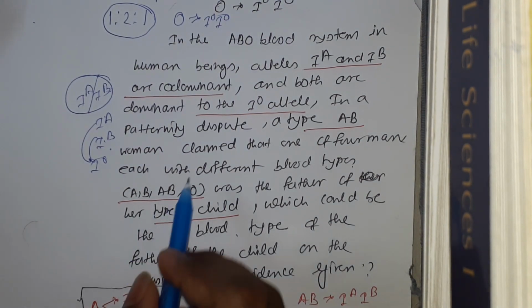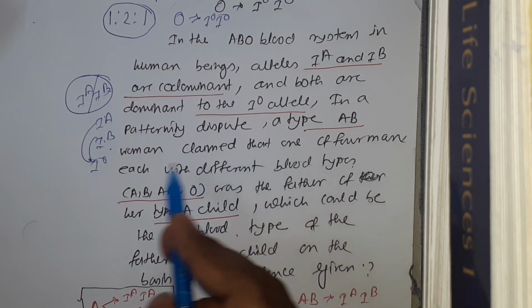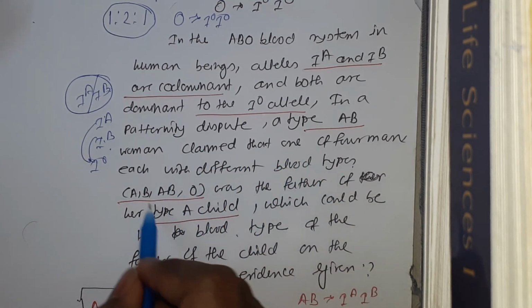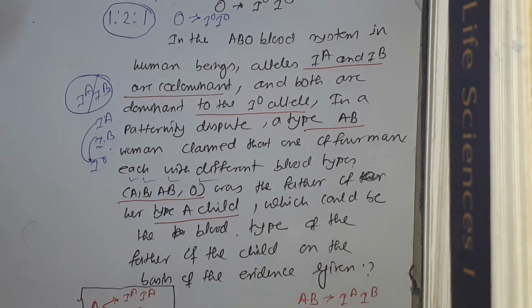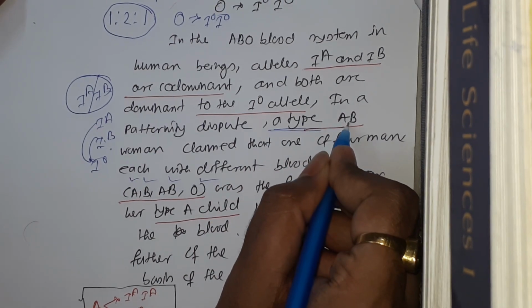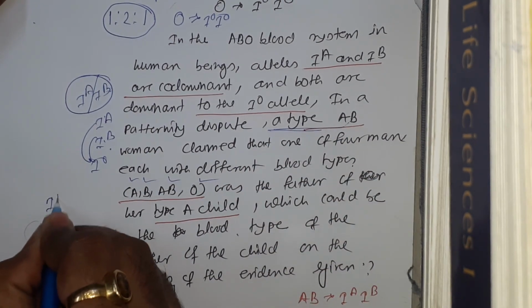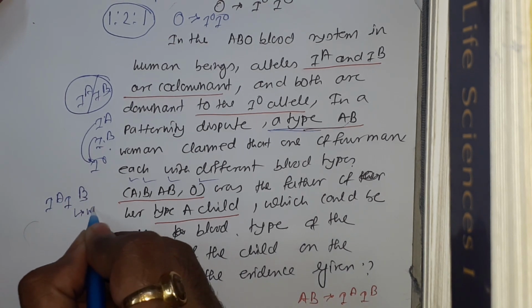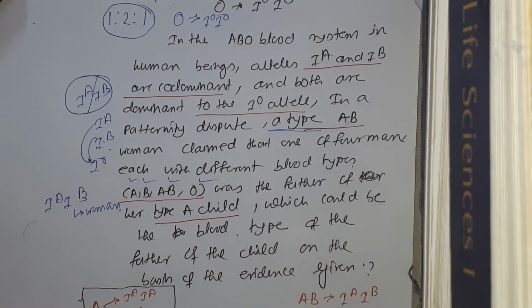Now, in a paternity dispute, a type AB woman claimed that one of four men, each with a different blood type, A, B, AB, O, was the father of her type A child. First of all, remember that the blood group of the woman is AB. That means we have IA IB. This is the blood group of the woman, right?